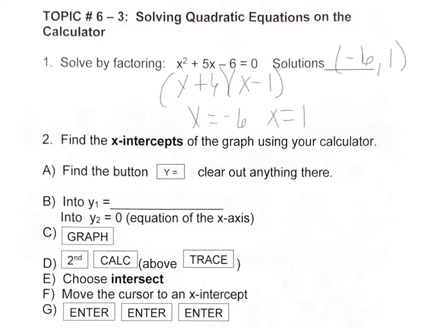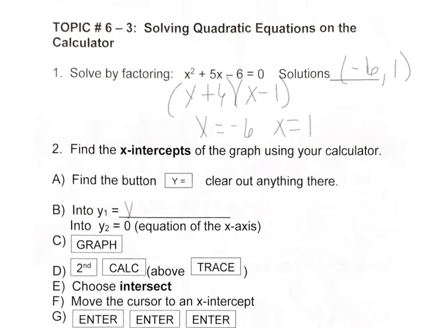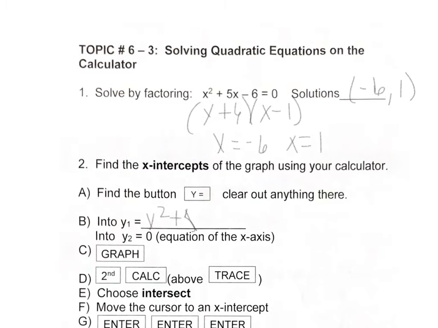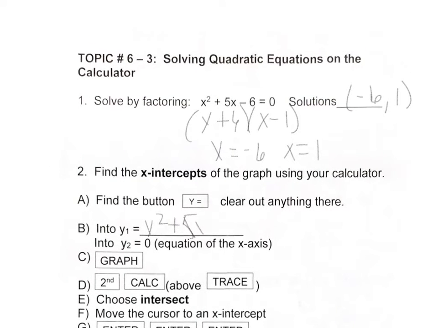So what we're going to do to find the x-intercepts, you're going to hit the y equals button, and you're going to type in x squared plus 5x and then -6.